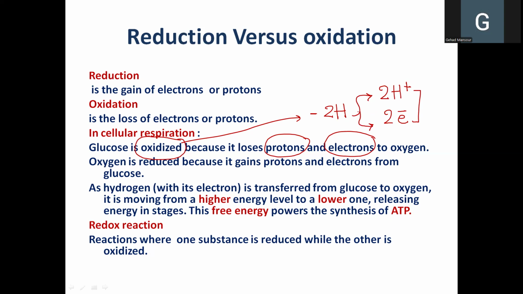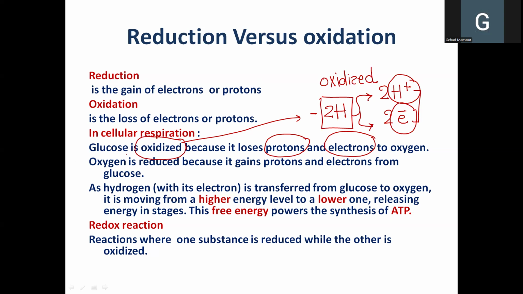So along the biochemical pathways of cellular respiration, we will be moving protons and moving electrons with them. So if the glucose carbon skeleton loses two hydrogen atoms, this means that it has been oxidized.